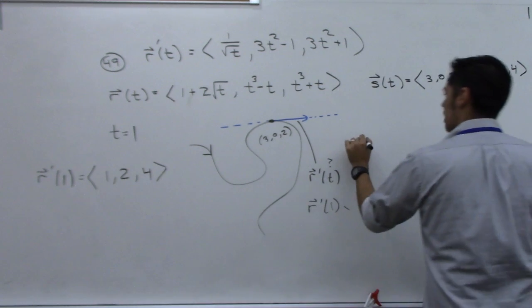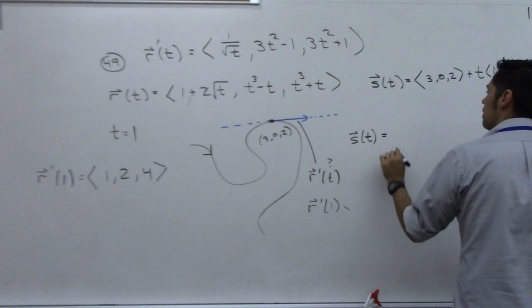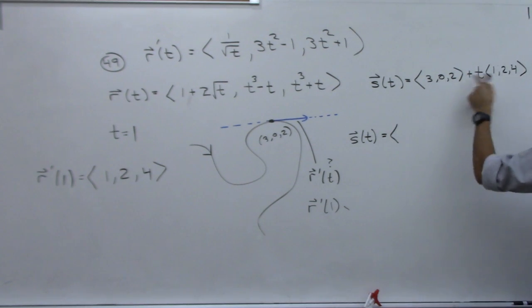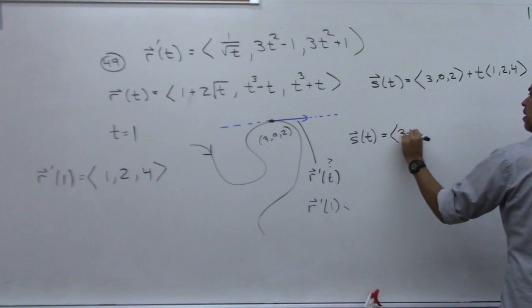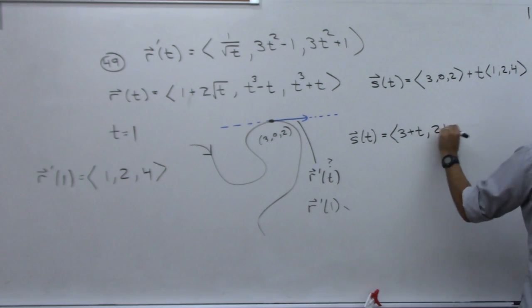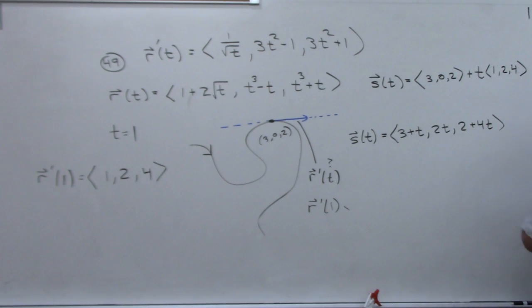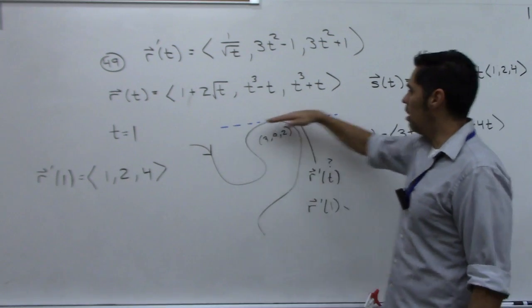Which means that s of t is, put these components together, 3 plus t, 2t, and 2 plus 4t. And that's the vector equation of this blue line right here. It'll draw this blue line.